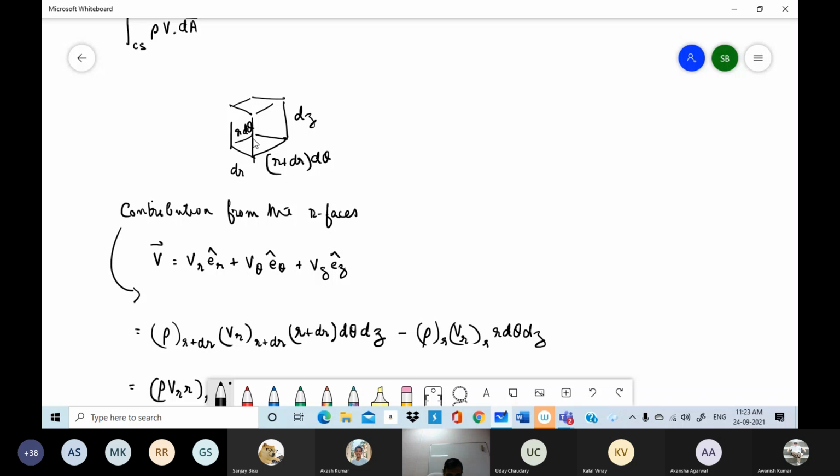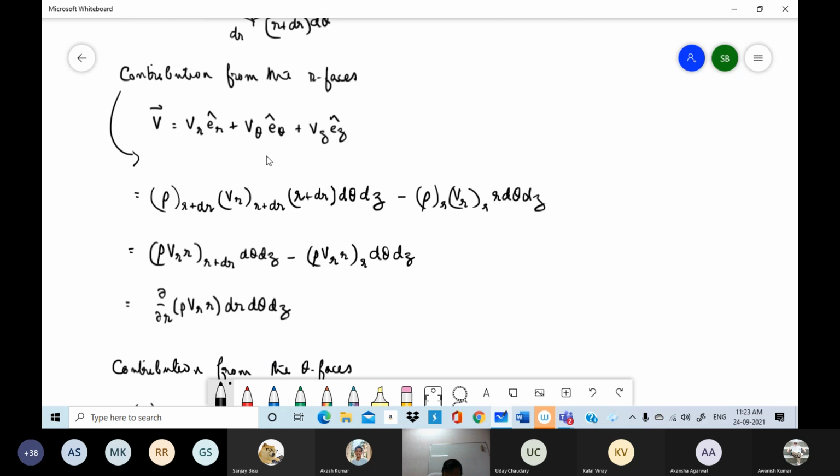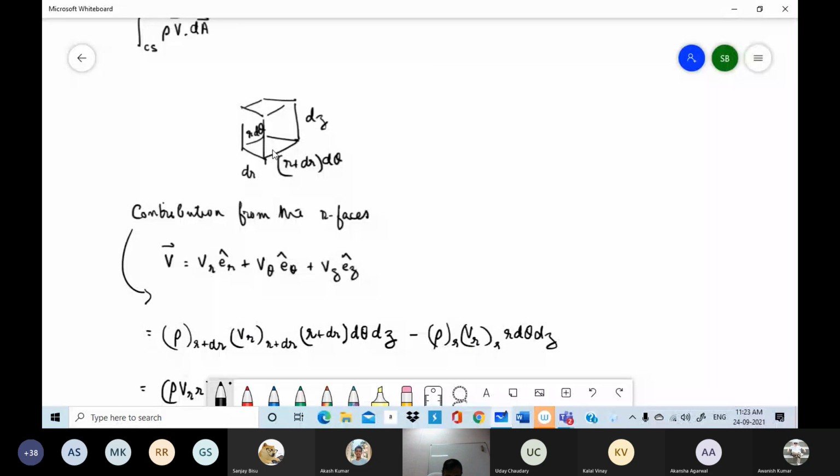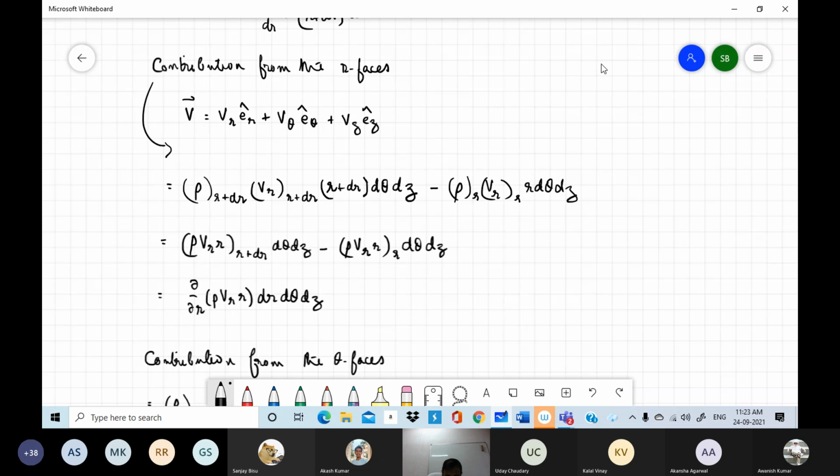Now I have to consider the z faces. The z faces have that base area which we saw is r dr d theta. Once again, the face at z has a normal in the negative direction, and at z plus dz has a normal in the positive direction.